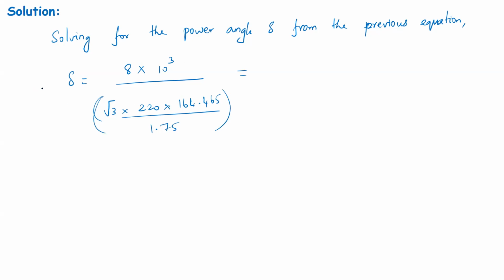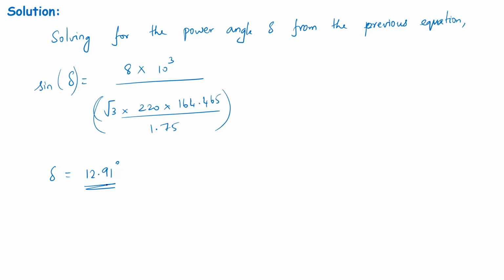So I have to do sine inverse of that to get delta. Let me do that in my calculator. 8 kilowatt divided by root 3 into 220 into 164.465 divided by 1.75. If I do a sine inverse of this, I get 12.91 degrees approximately. So this is the new power angle.